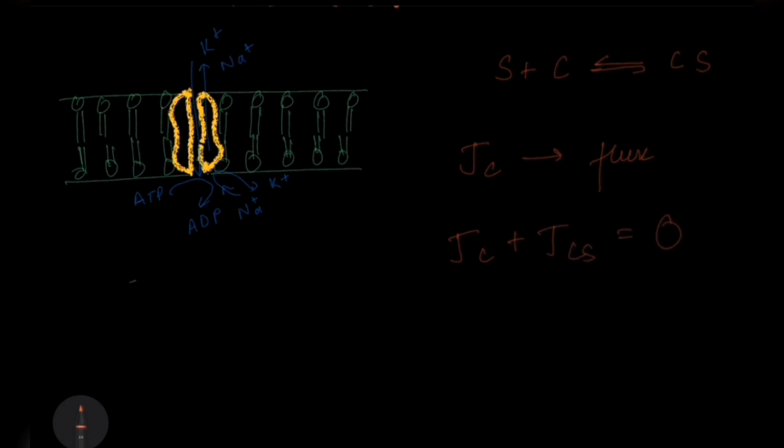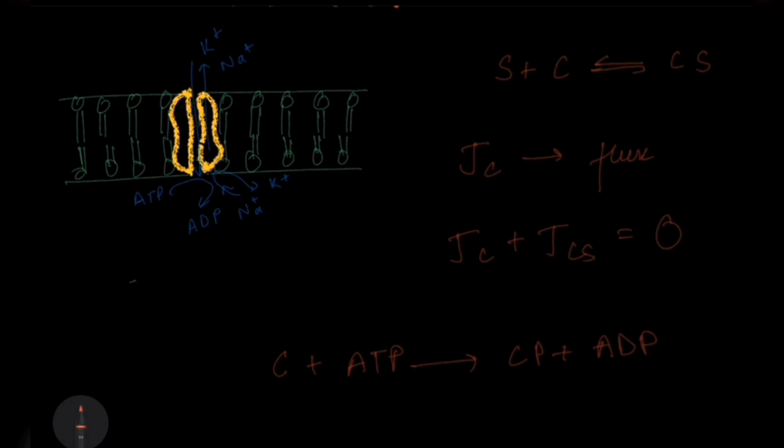So this is how carrier transporters require ATP, and CP is the product, the phosphorylated or dephosphorylated carrier. Now ATP is the product which is left over.